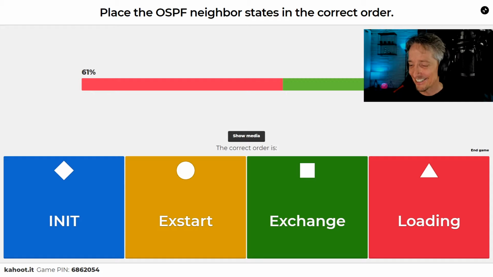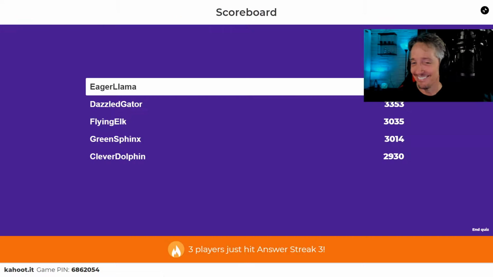Down, init, 2-way, exstart, exchange, loading, and then full. There's not too much I have to say about that, except we definitely cover that in the OSPF video in the master playlist with the ITELF. That's still how I remember it. ITELF: init, 2-way, exstart, exchange, loading, and full. The ITELF, he's a gift to every OSPF neighborship.